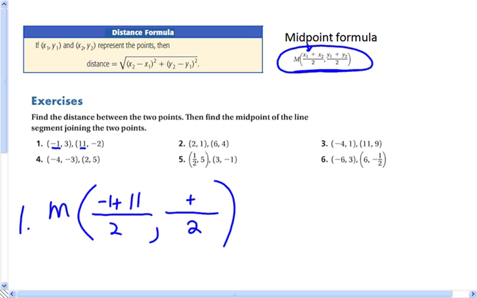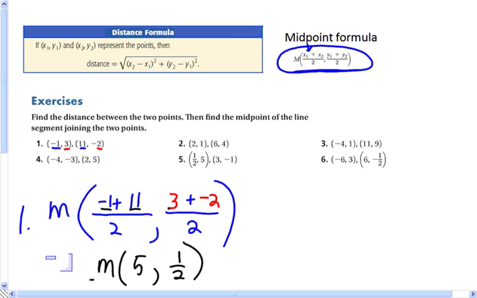And for the y coordinates, I'm going to add 3 plus negative 2. And all I'm going to do is simplify those. Negative 1 plus 11 is 10, divided by 2 is 5. 3 plus negative 2 is 1, divided by 2 is 1/2.